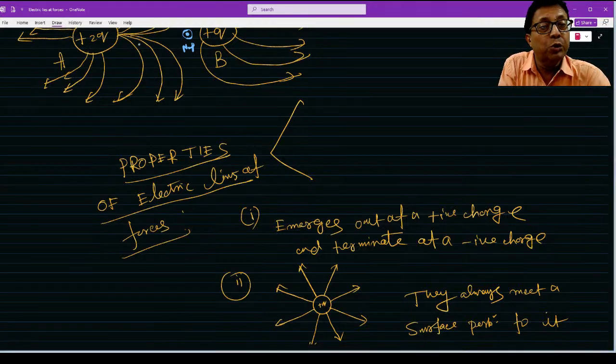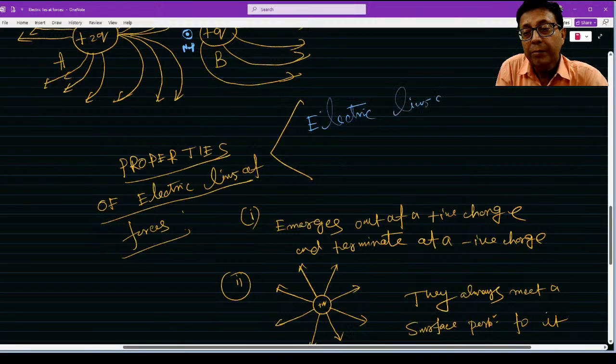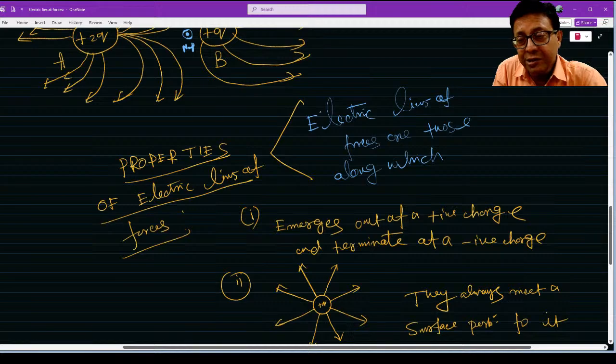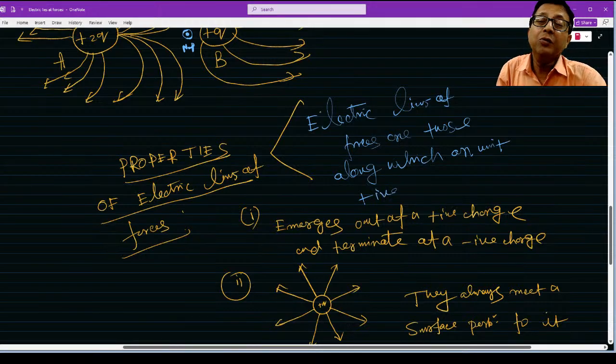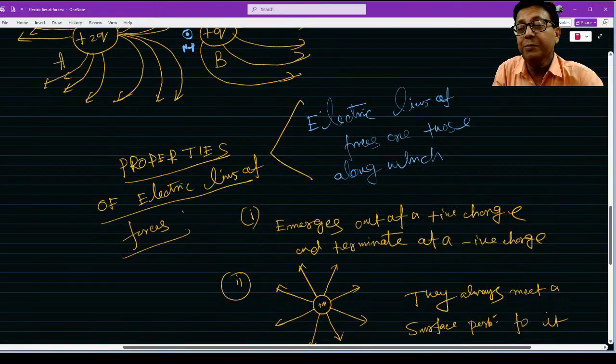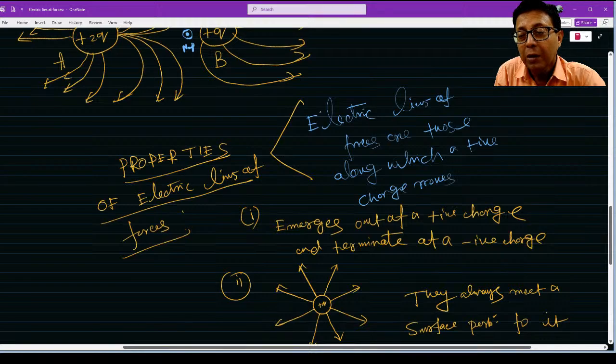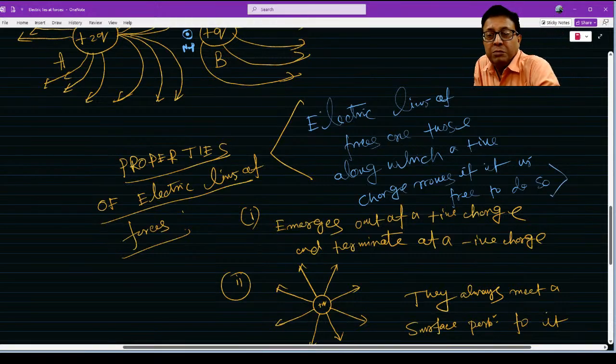Electric lines of forces are those along which a positive charge moves if it is free to do so.